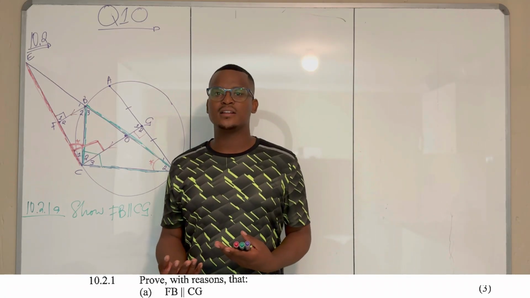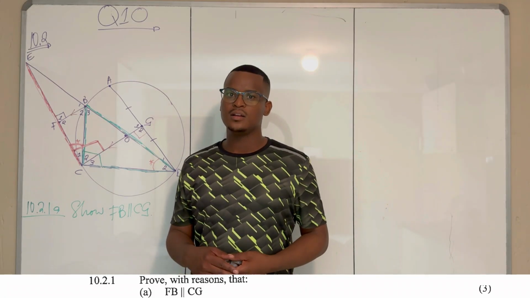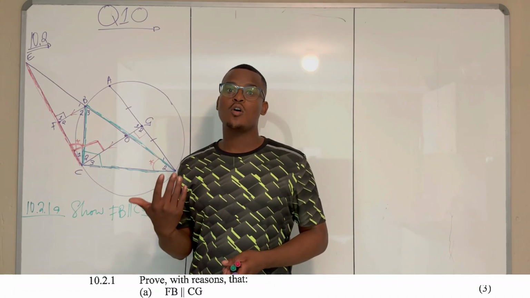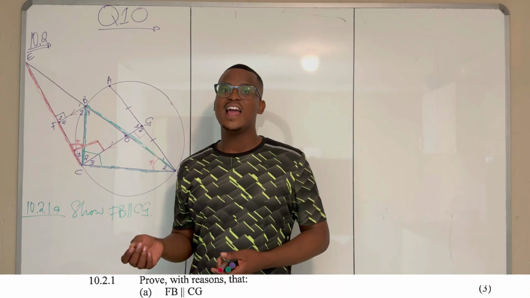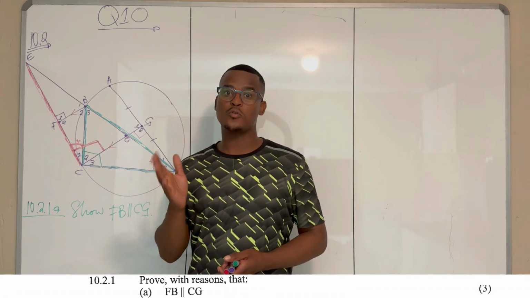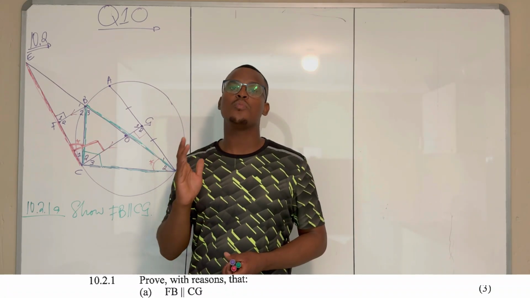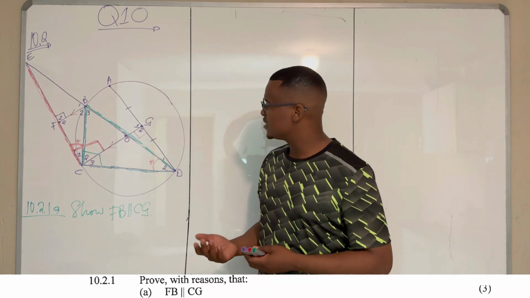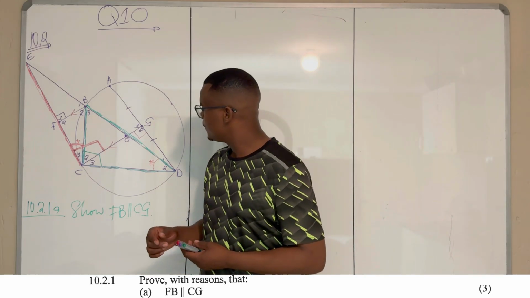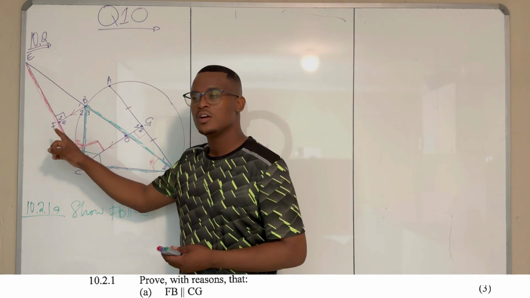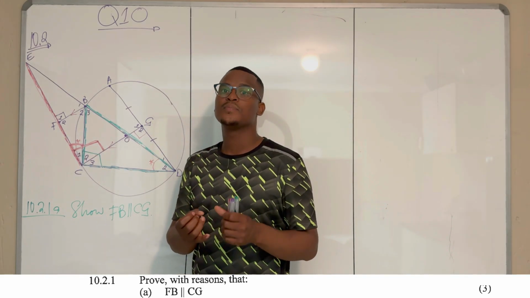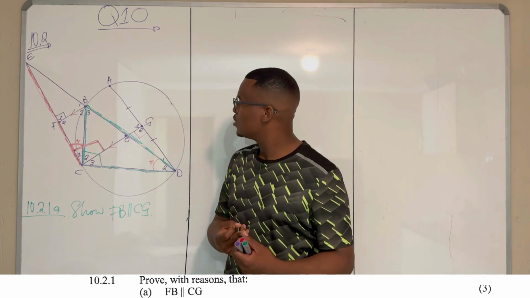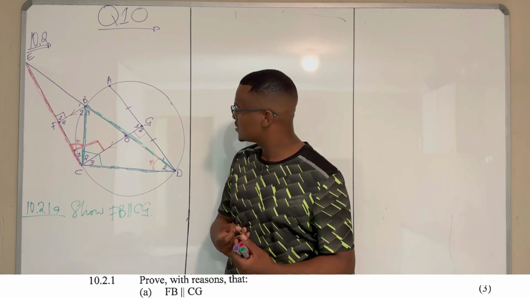But now, if you have done proportionality as well, you can show the converse of the proportionality theorem: if a line segment divides 2 of your sides proportionally, then that line is parallel to the third side. That's another way. In this case, we can show the corresponding angles are equal, the co-interior angles are supplementary, or the alternate angles are equal. So how are we going to go about this?